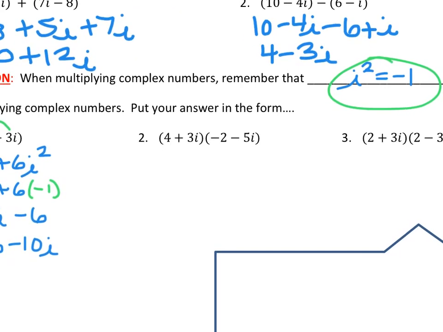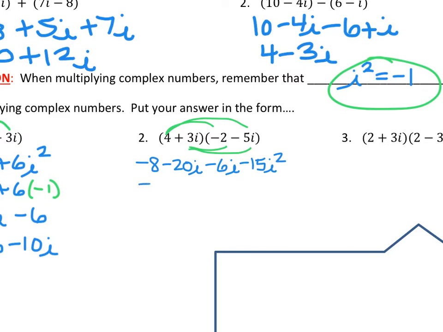Okay, moving on. Now let's look at two binomials multiplying each other. So everything's got to distribute, the 4 and the 3i. So starting out with the 4, we end up with negative 8. And 4 times a negative 5i is negative 20i. 3i times a negative 2 is negative 6i. And positive 3i times a negative 5i is negative 15i squared.